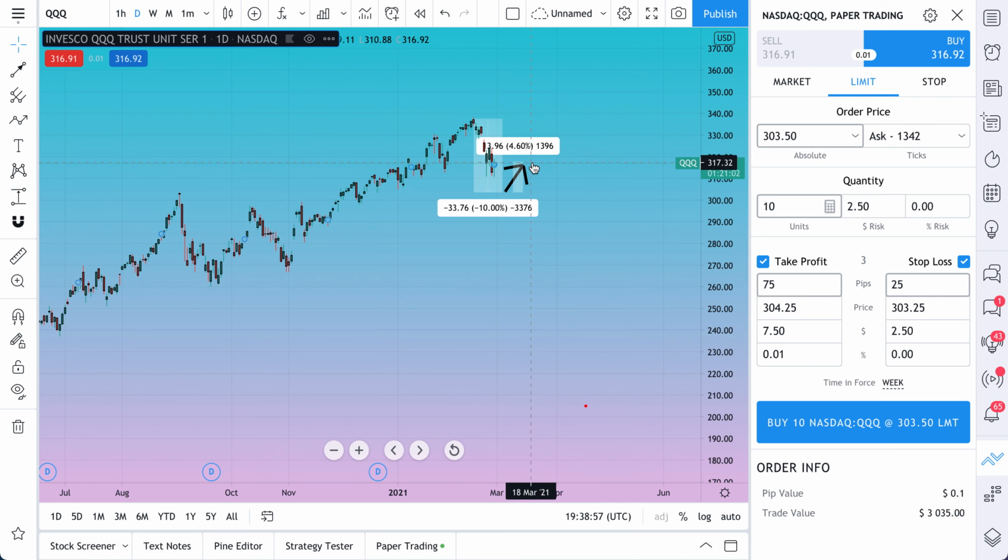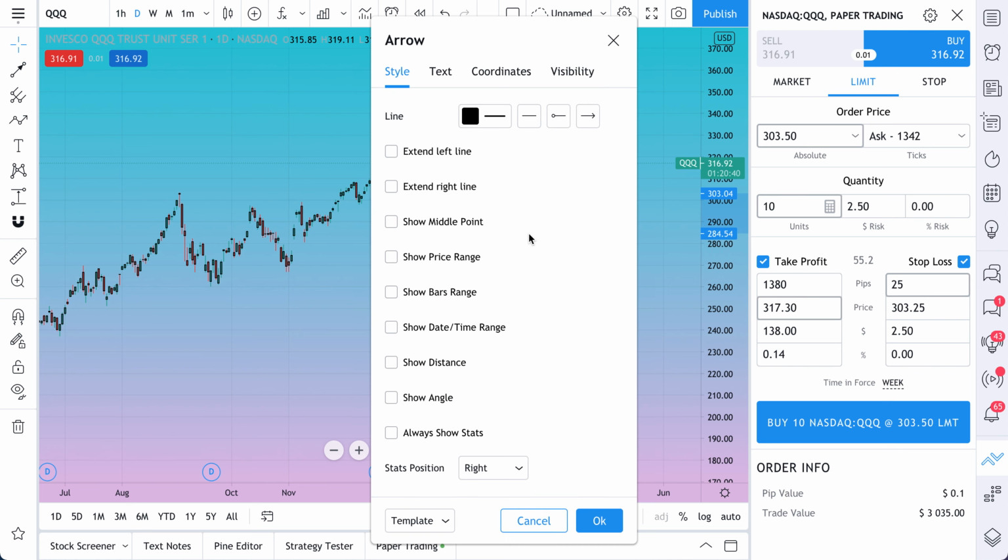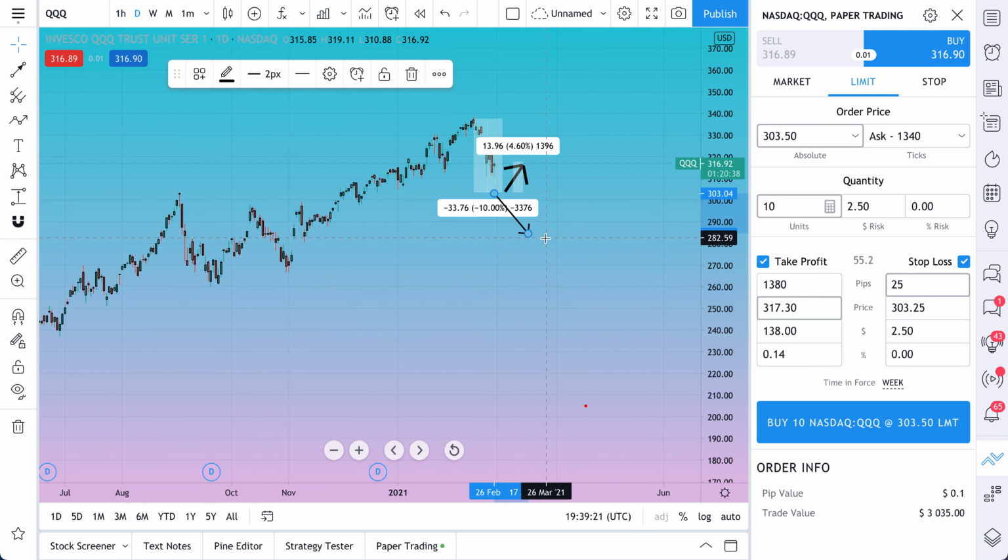That's 317.30. So we can type here 317.30. And our stop loss is going to be, if it breaks through this 10% marker, the plan will be to just pretty much get out, because maybe it's a much more serious correction.